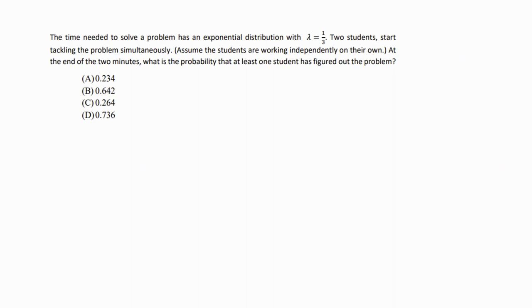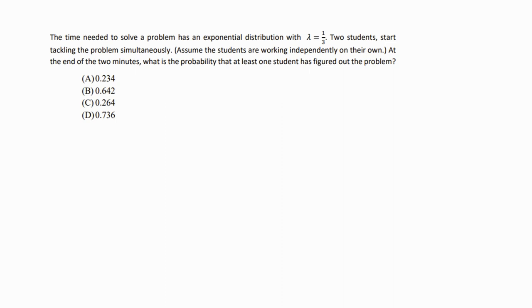Okay, the next question we have here is that the time needed to solve a problem is an exponential distribution with lambda equal to 1 by 3. Two students start tackling the problem simultaneously, and we are assuming that the students are working independently.